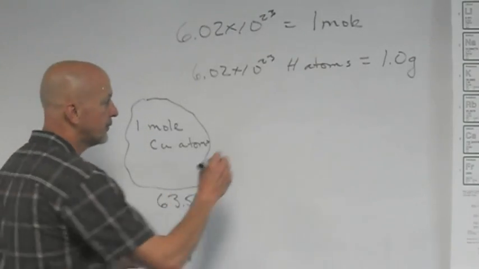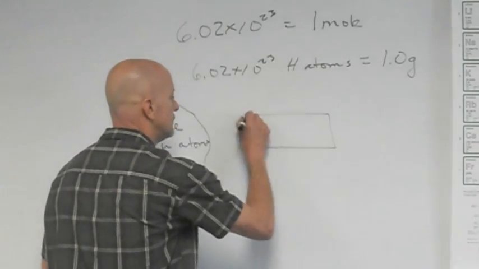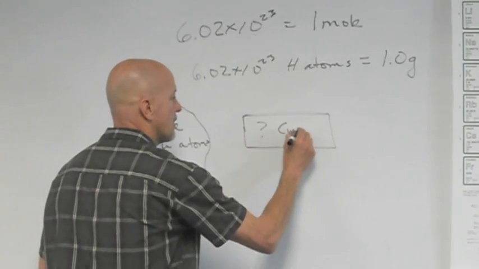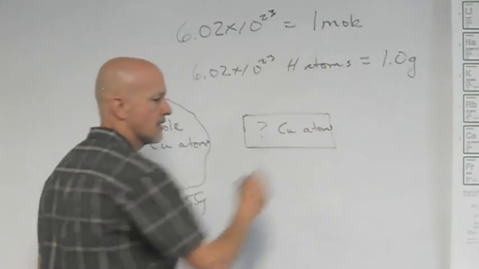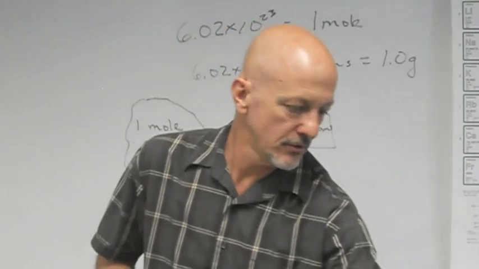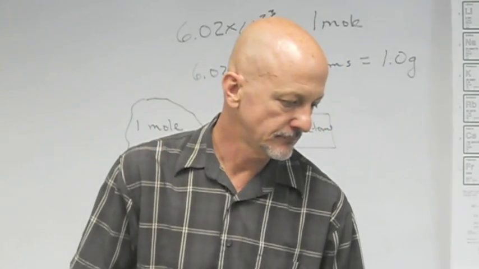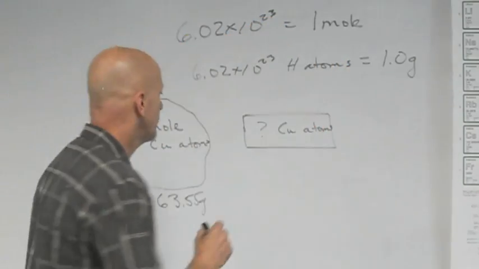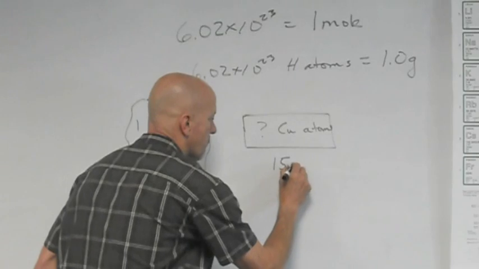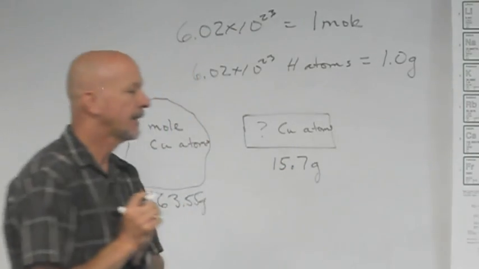I'm going to weigh this sample. It's a little sheet of copper. And I weigh it out. 15.7 grams in that sample.